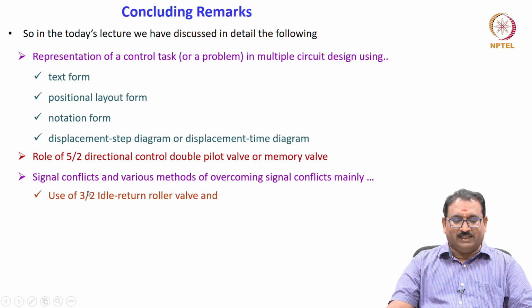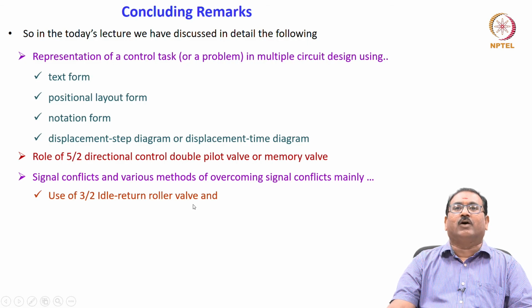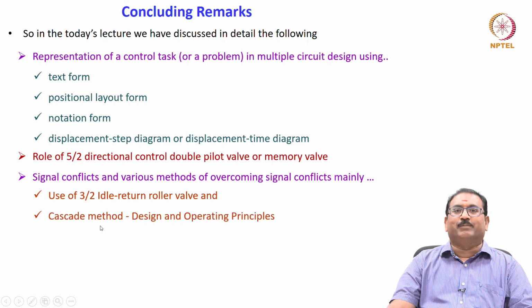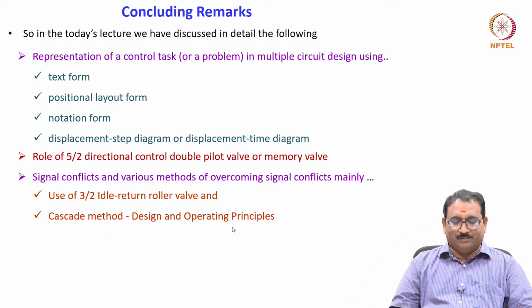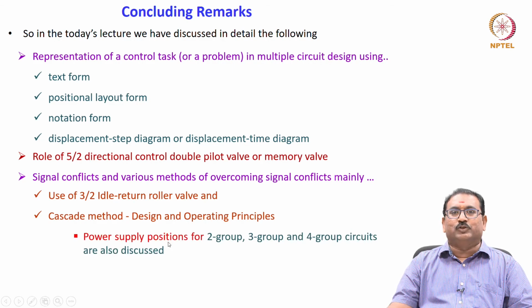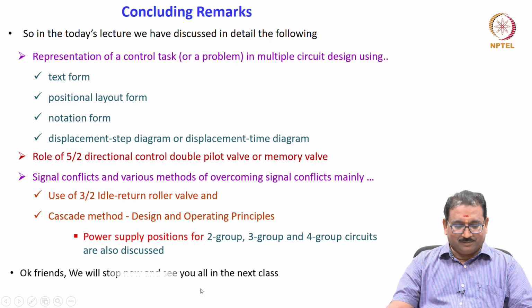Mainly we discussed the use of the 3/2 idle return roller valve and the cascade method. Here we discussed designing and operating principles of stamping as well as drilling. Due to shortage of time, I concentrated only on 2 problems. Power supply positions for 2 group, 3 group and 4 group circuits were also discussed.